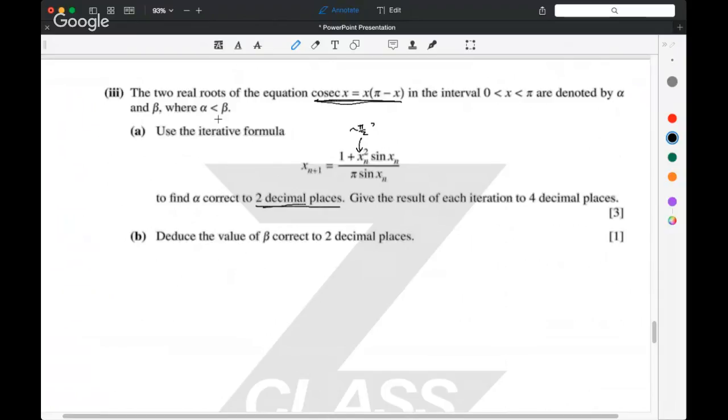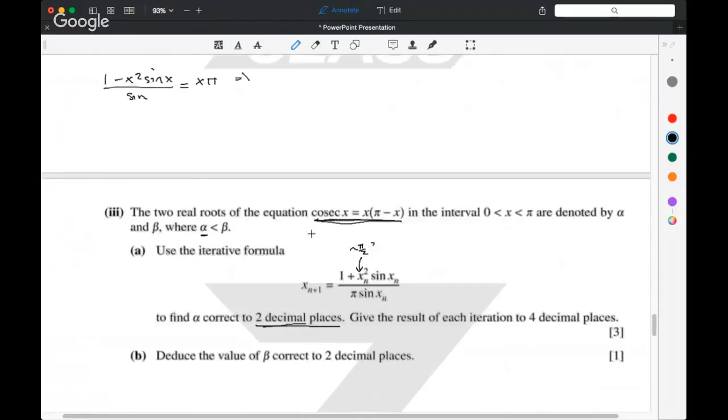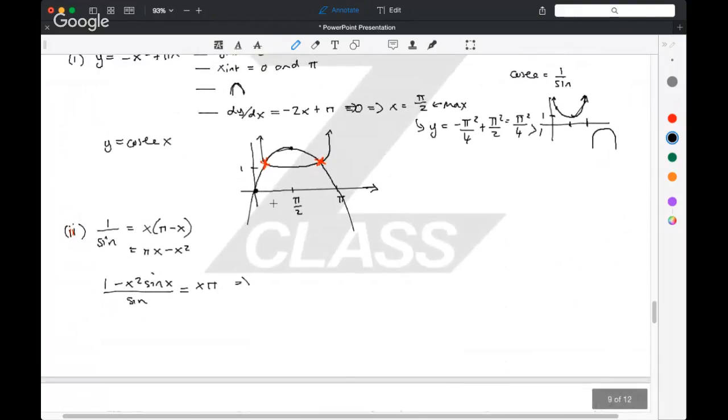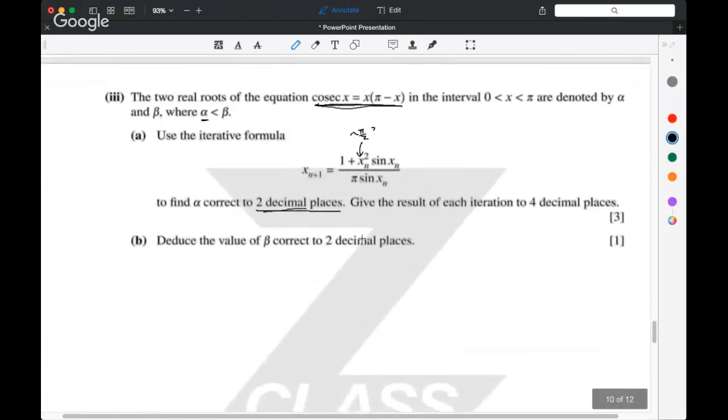That way you only have to find alpha, and then you can deduce the value of beta because the whole thing is symmetric. So if that's alpha, then beta is just pi minus alpha. Makes sense? Okay. So this is just a little bit of tedious crunching.